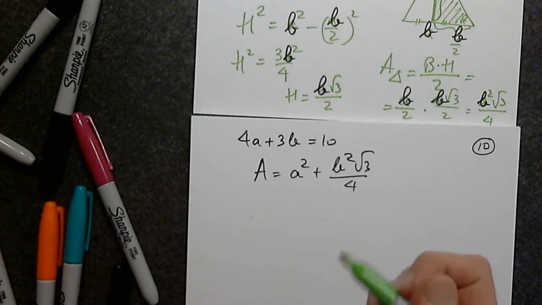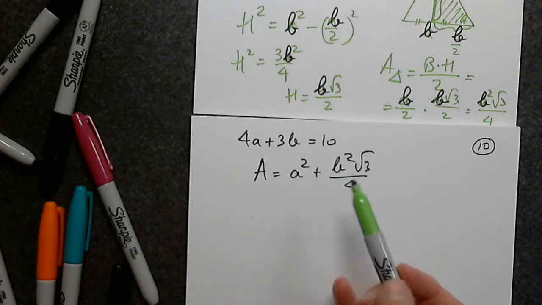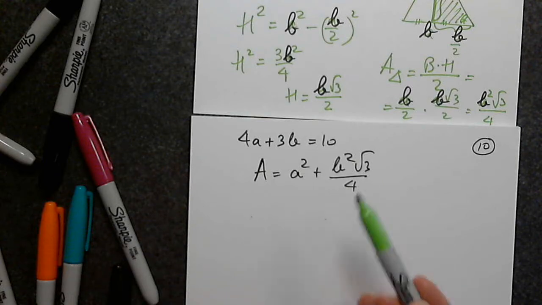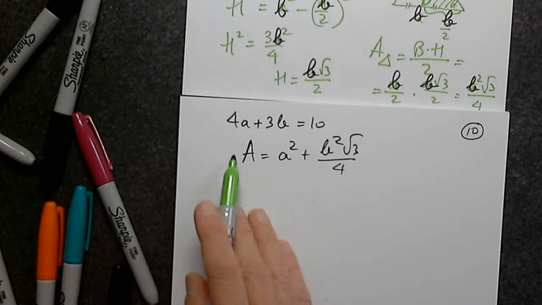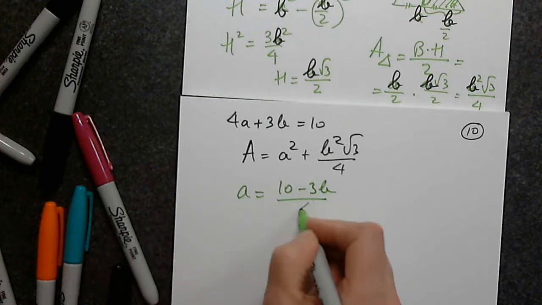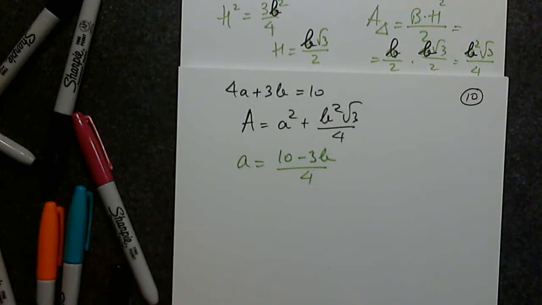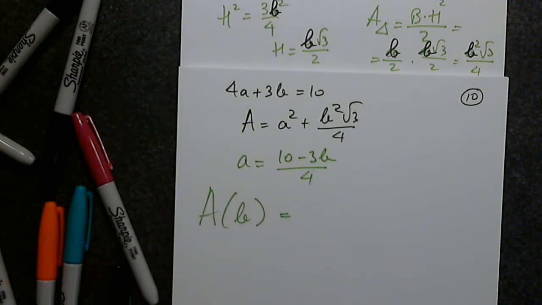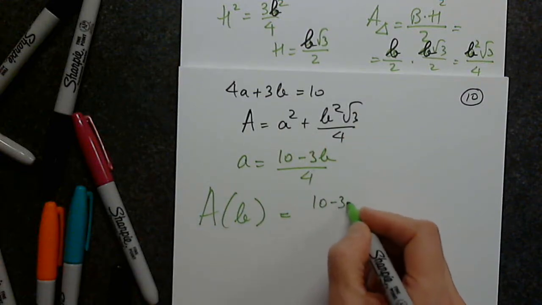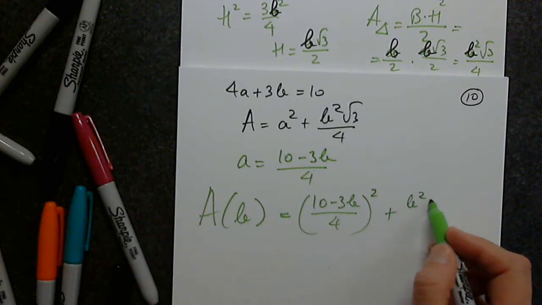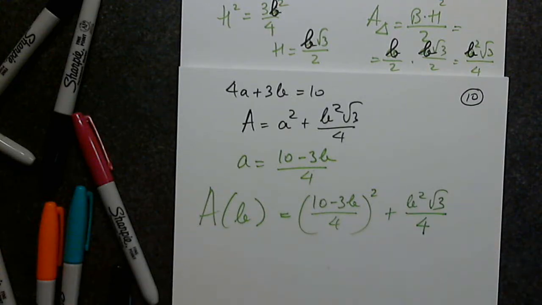B. Okay. If you solve for B, then you'll have to multiply by the square root of 3 over 4. It doesn't matter, but I recommend let's solve for A. So A equals 10 minus 3B over 4. And now finally I'll say the area is a function of B and only of B. I replace A by 10 minus 3B over 4, and I square that, plus B squared the square root of 3 over 4.